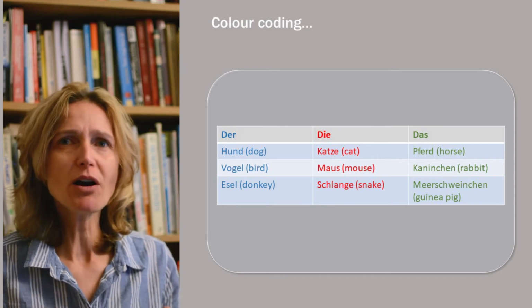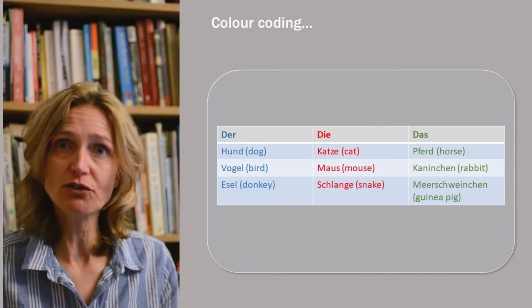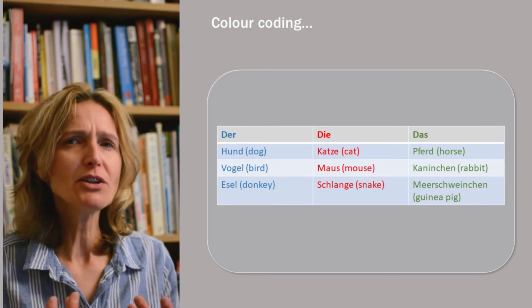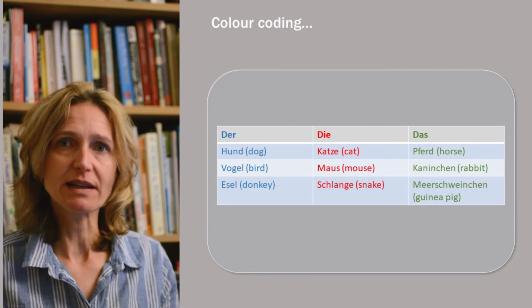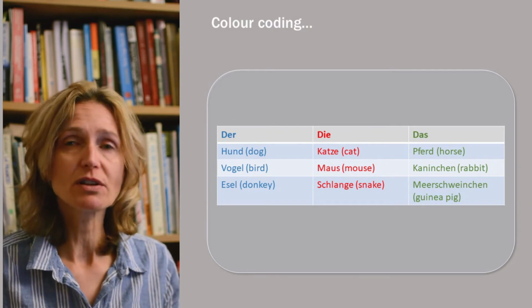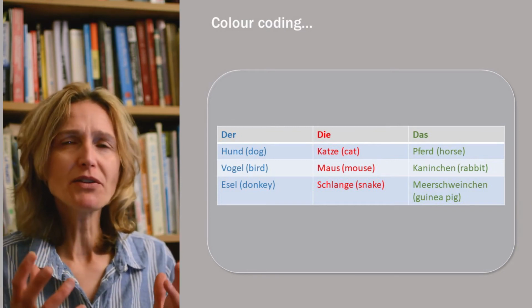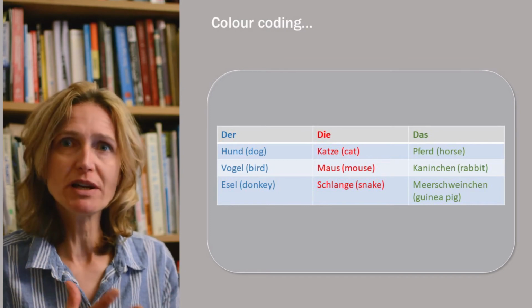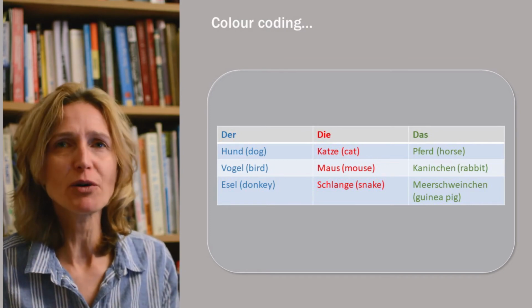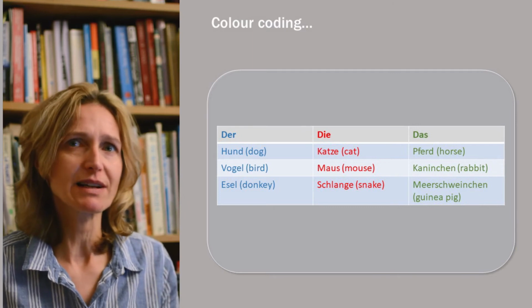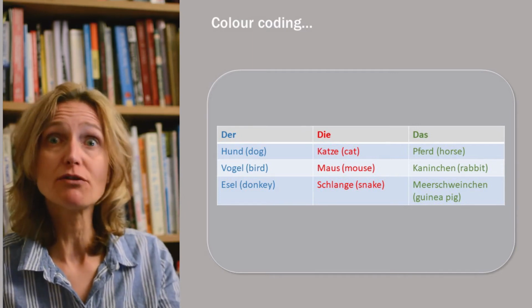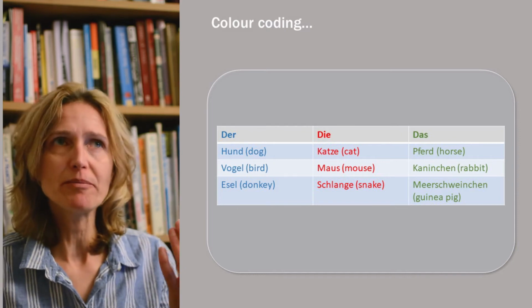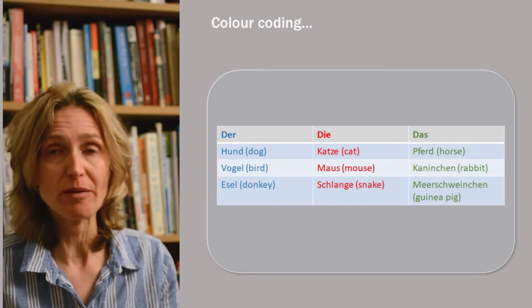If you find that useful, then you might remember that Hund was masculine, so der Hund, the dog, because it was in blue in your exercise book or folder, therefore it must be masculine. You might remember that cat, so die Katze, was in red, and then you'd hopefully remember, yes, therefore it was feminine.